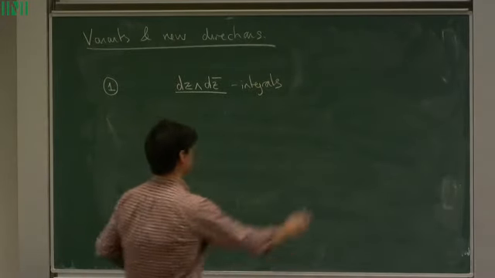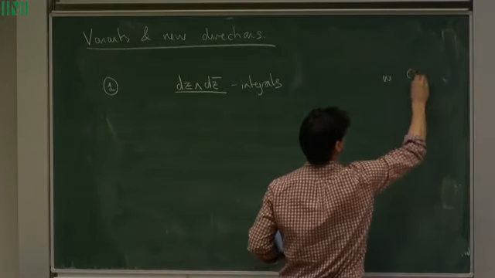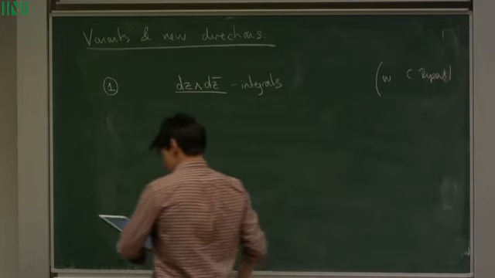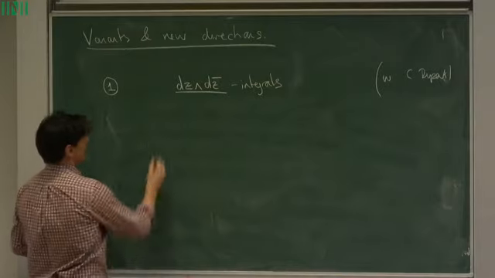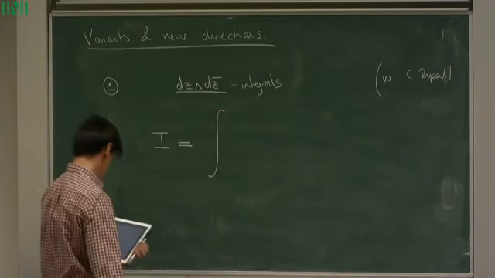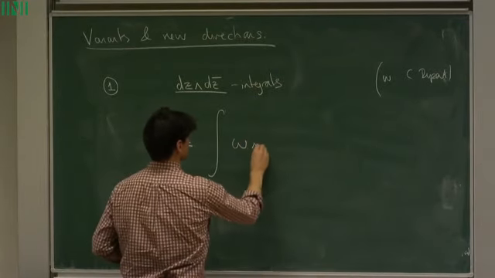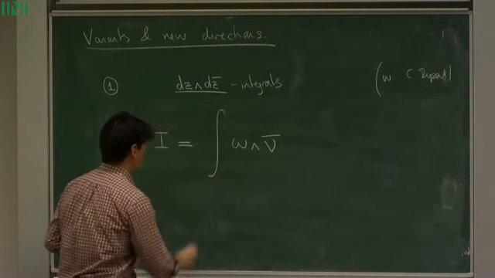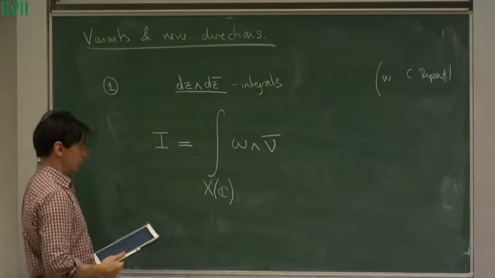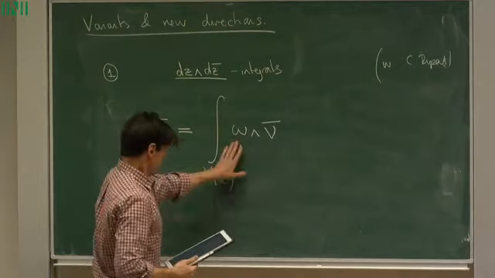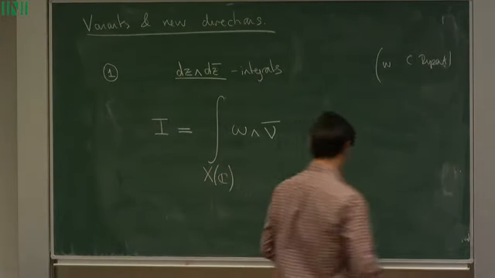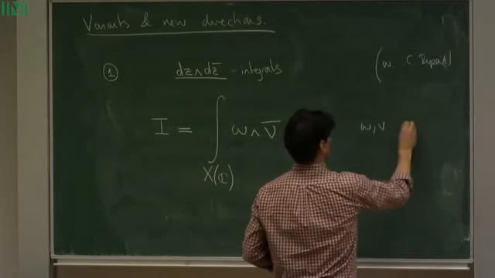So dz bar. This is joint work with Clément Dupont. In many applications, you find yourself faced with integrals of this type, where you're integrating over the complex points of an algebraic variety an algebraic differential form, wedge, the complex conjugate of another algebraic differential form.